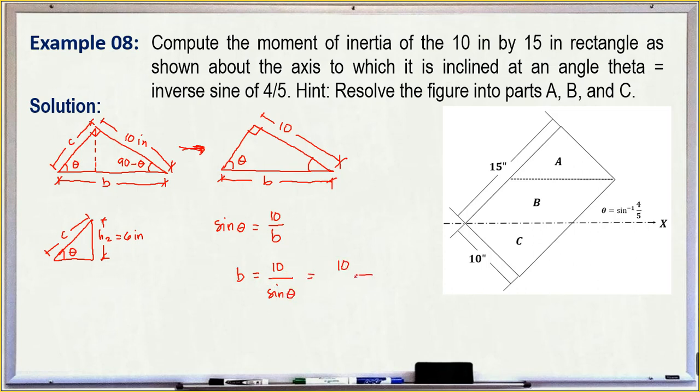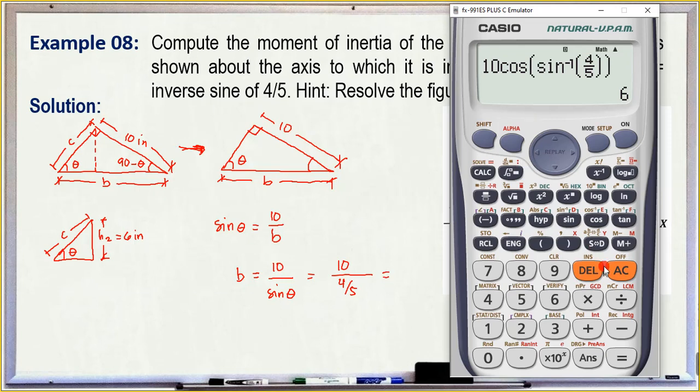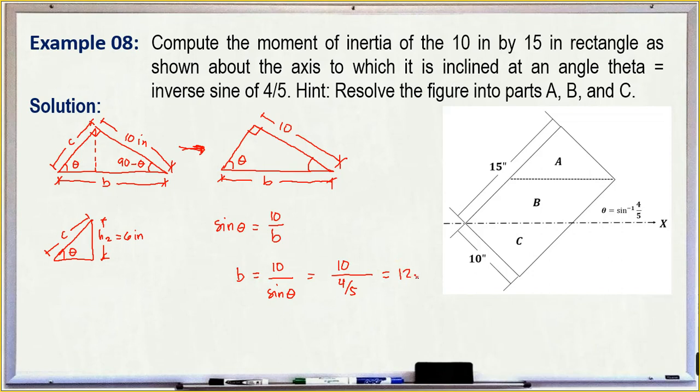That is 10 all over 4/5. So 10 over 4/5, we have 12.5. So 12.5 inches. So we now have height 1, height 2, and the base B.